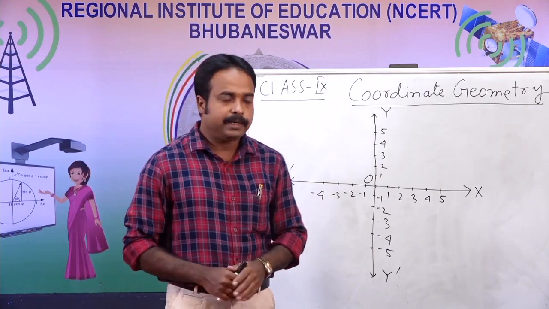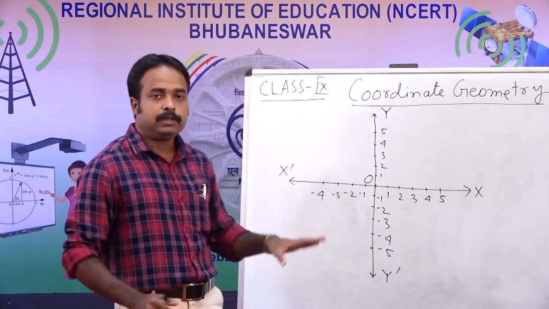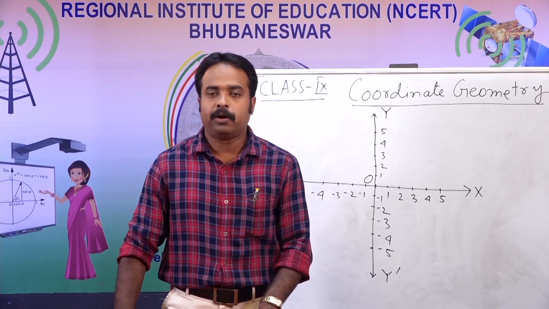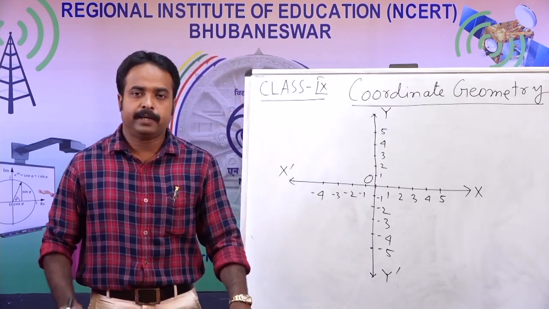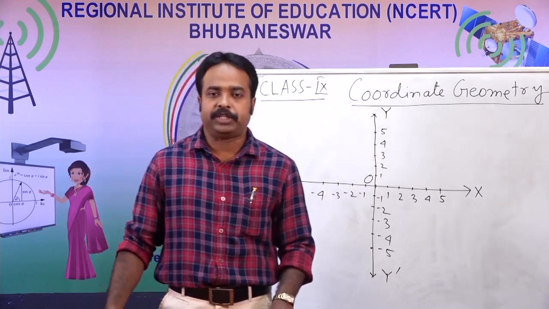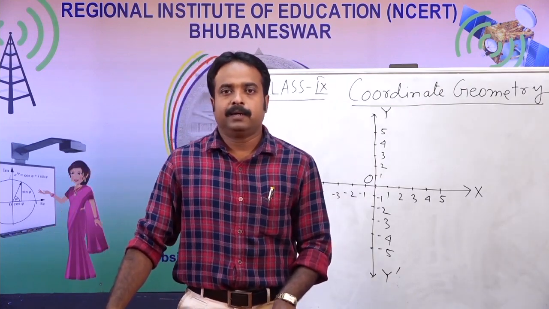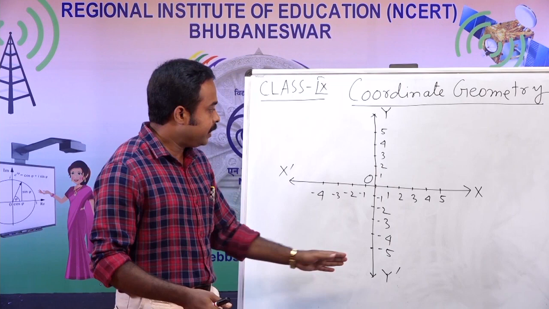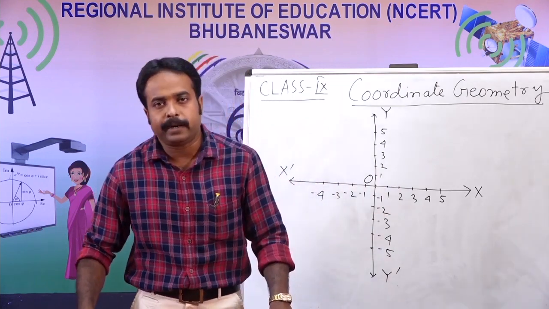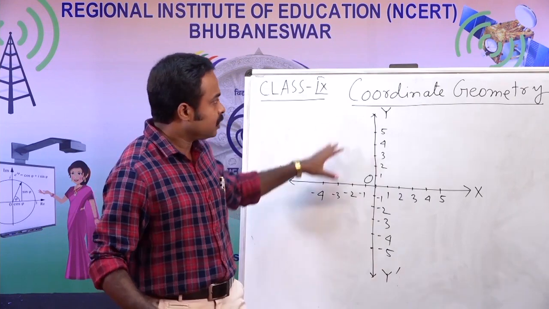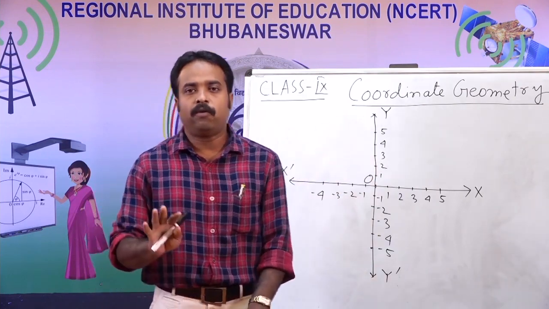If we consider this whiteboard as a plane, or your page as a plane, then these two lines, one horizontal and one vertical, divide this whole plane into 4 regions.